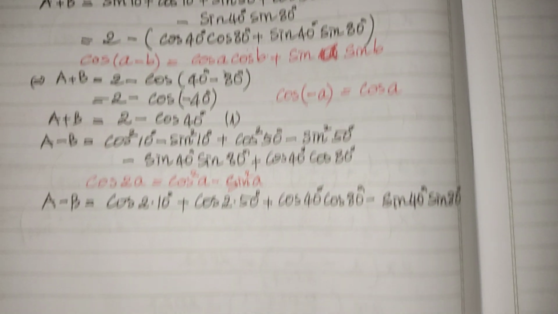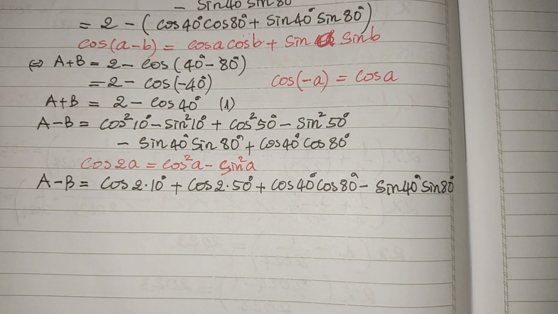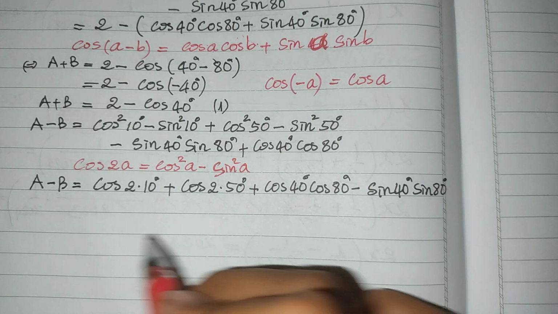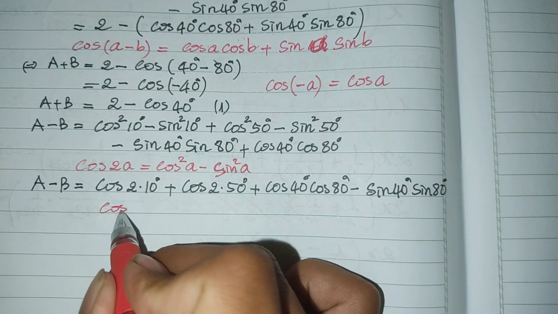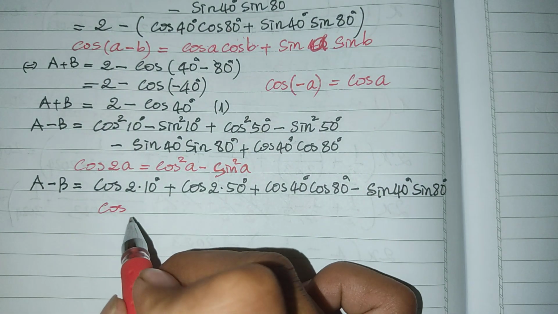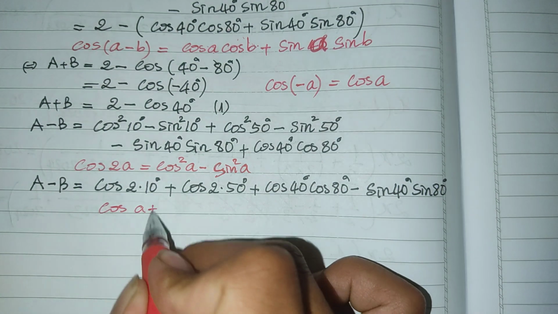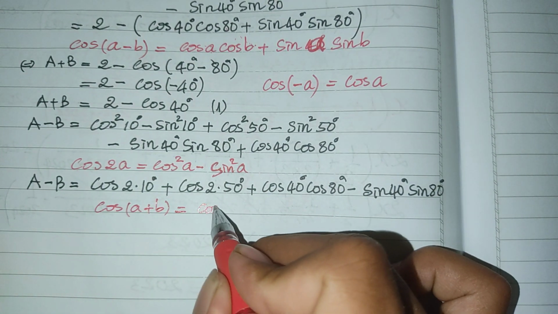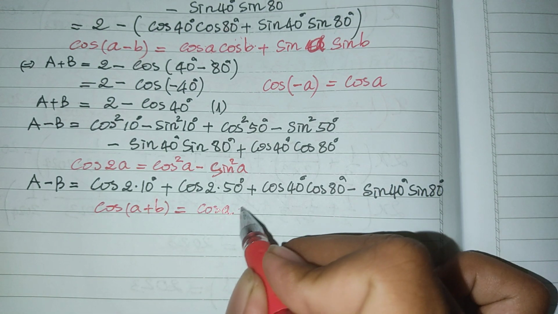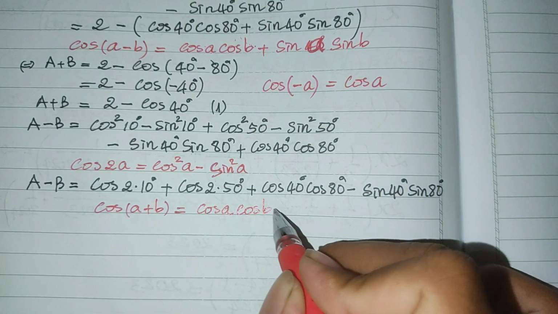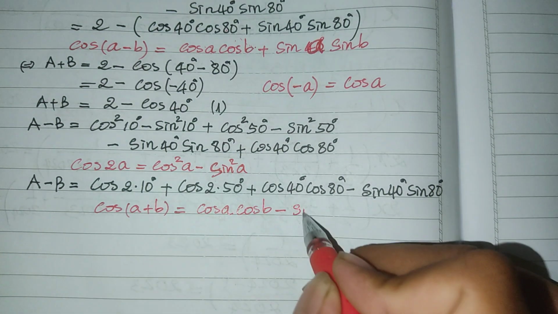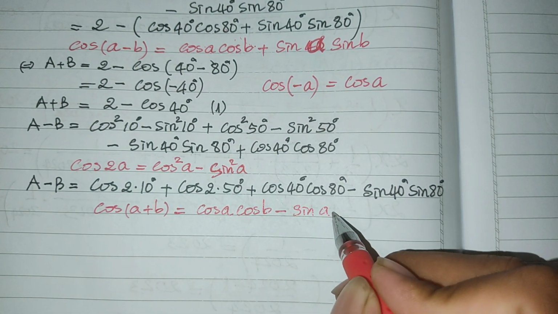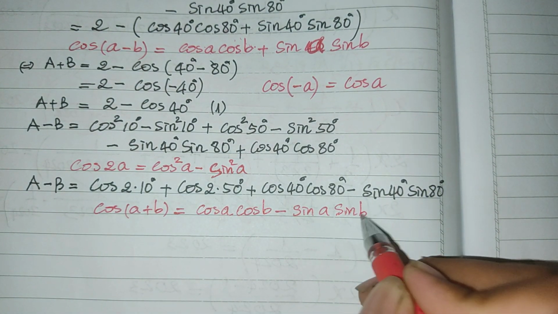For now we use the formulas that we know: cosine of (a plus b) is equal to cosine of a multiplied by cosine of b minus sine of a multiplied by sine of b.